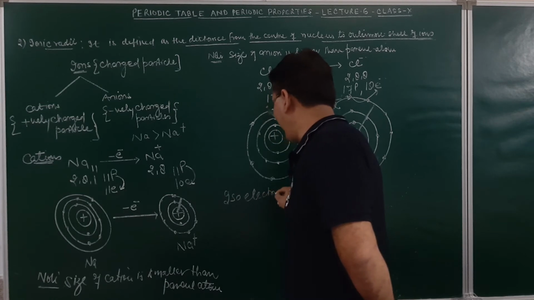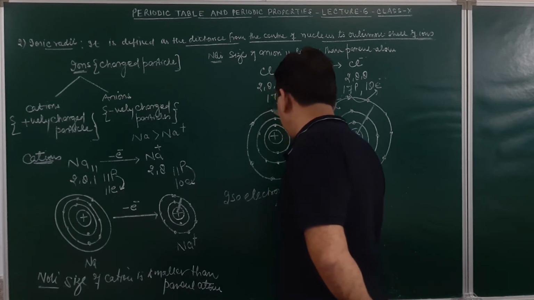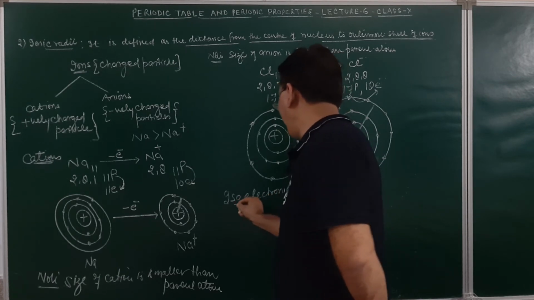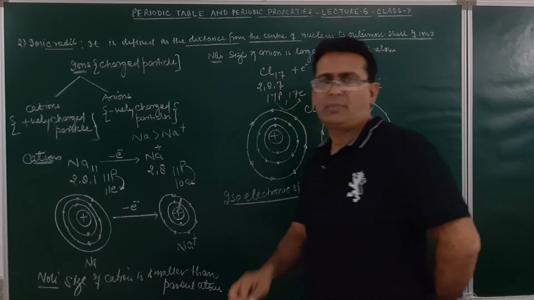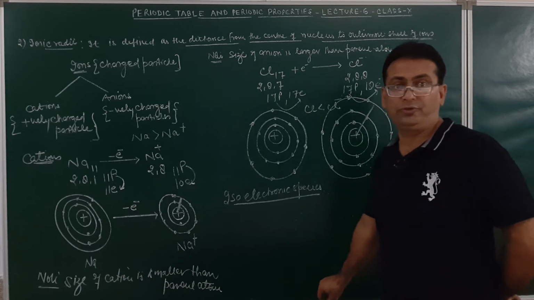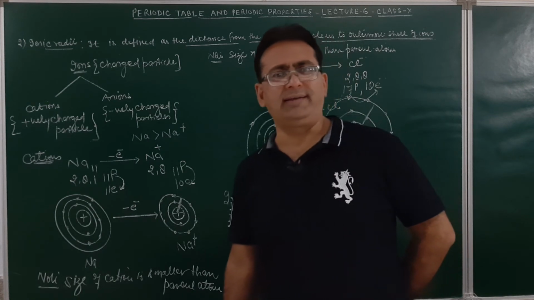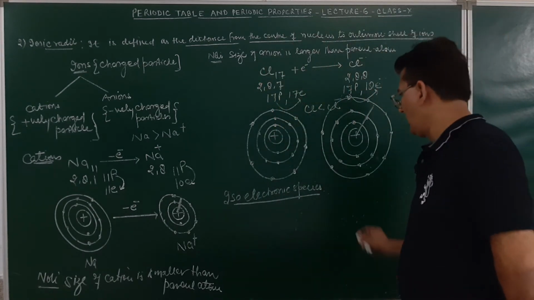What are isoelectronic species? Here iso means same, and electronic means the electrons, of course. So species having same number of electrons are called isoelectronic species.